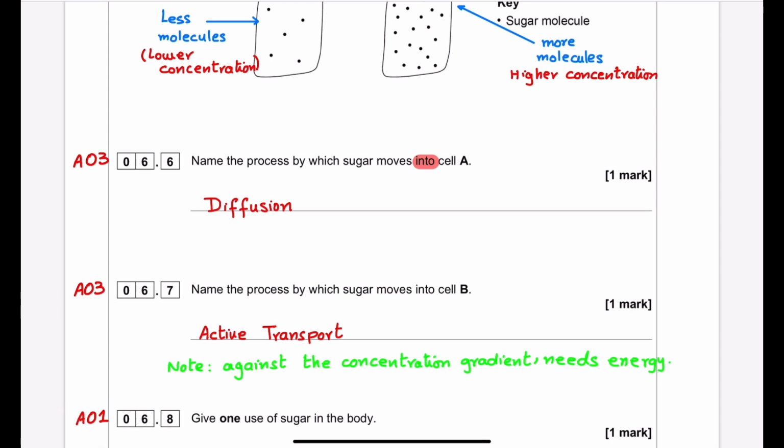6.8 is an AO1 question. Give one use of sugar in the body. The most common process which a student can write in their answer is respiration.